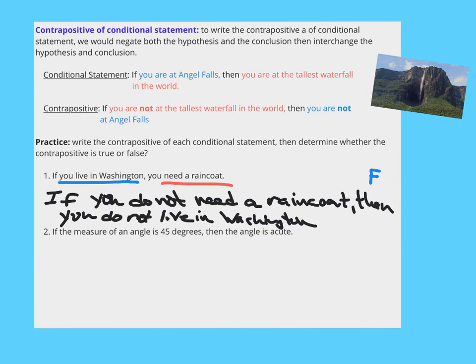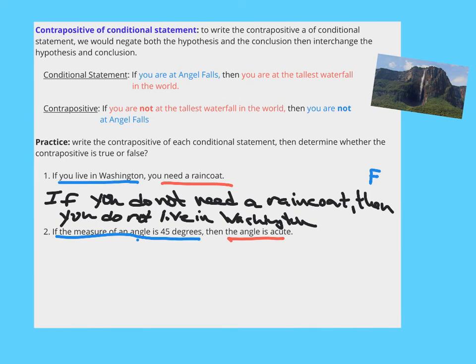The second statement: if the measure of an angle is 45 degrees, then the angle is acute. So the hypothesis is the measure of an angle is 45 degrees. The conclusion is the angle is acute. To write the contrapositive, we're going to interchange and negate.